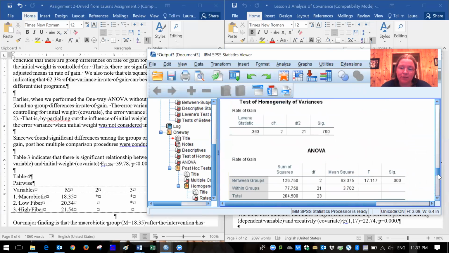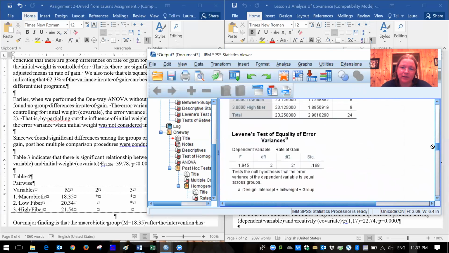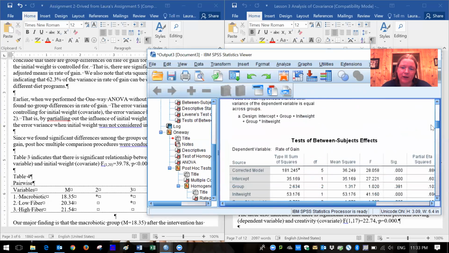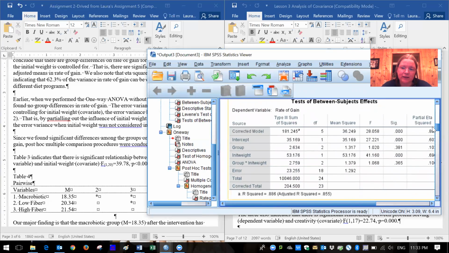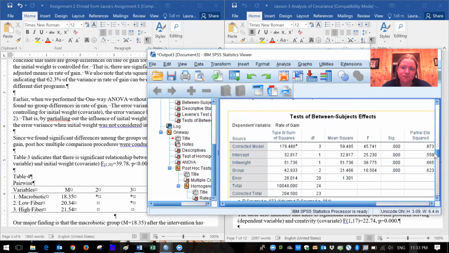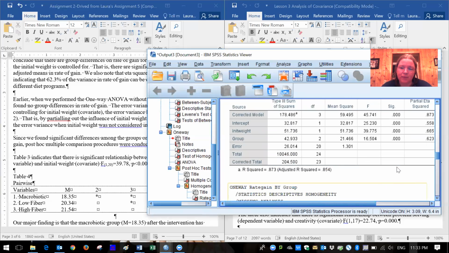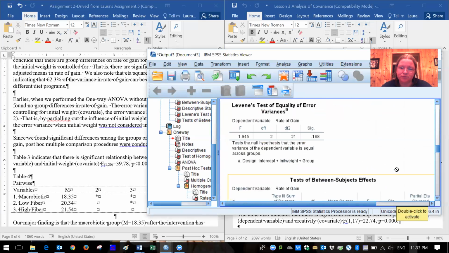So let's go back up to our analysis with the covariate, okay? So here's the analysis with the covariate right here. Because there are group differences, we're going to look at our post hoc.